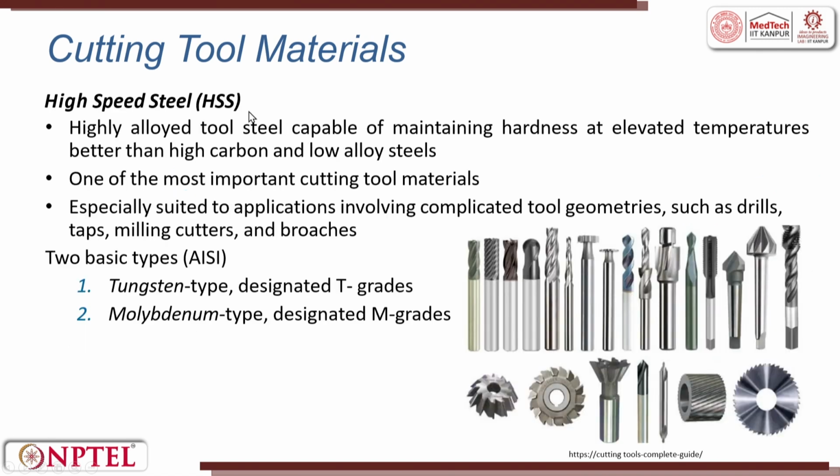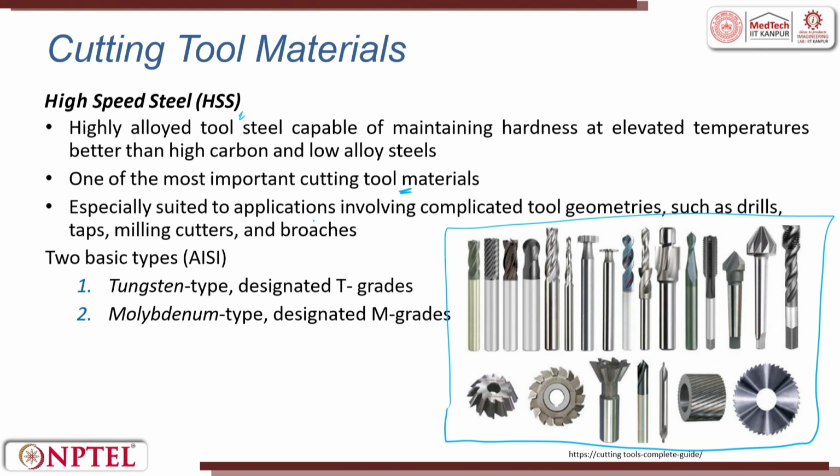These are high speed steel tool materials, and these are the tools. There is a display of tools shown here. If you see, the geometry of the tool is complex. High speed steel gives you the flexibility of defining the geometry and producing difficult geometries for the tool. One of the most commonly used tool materials is HSS.